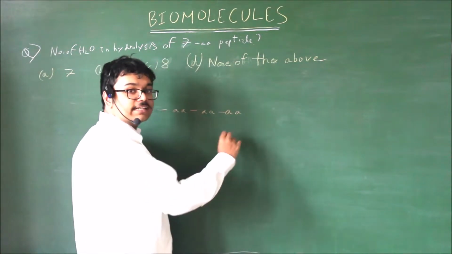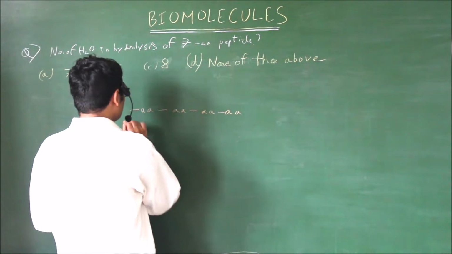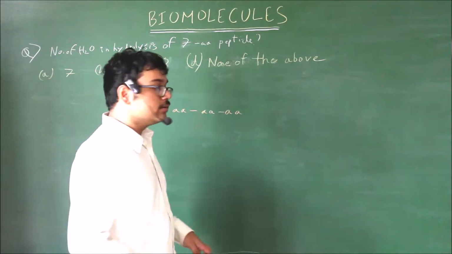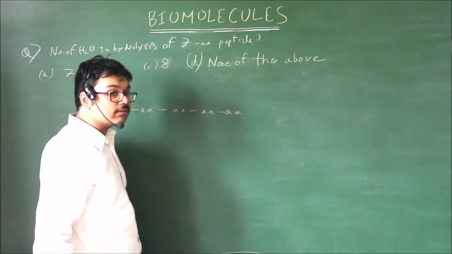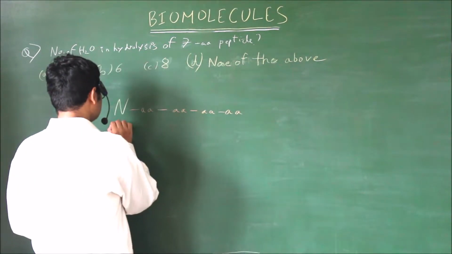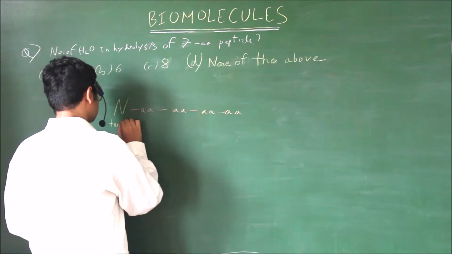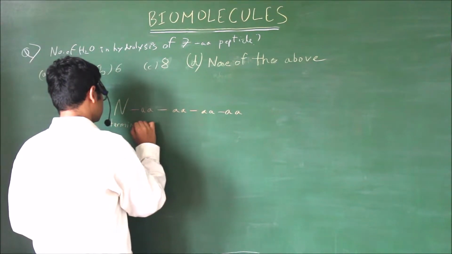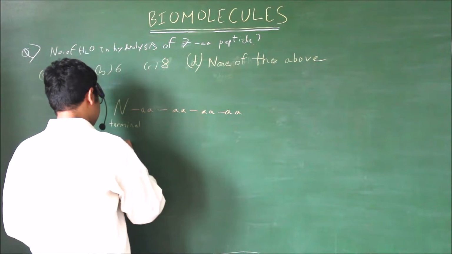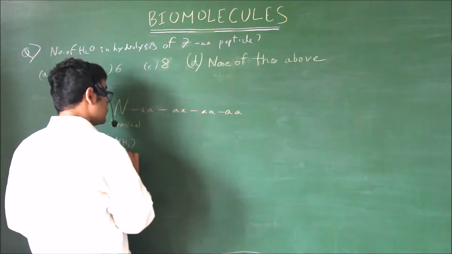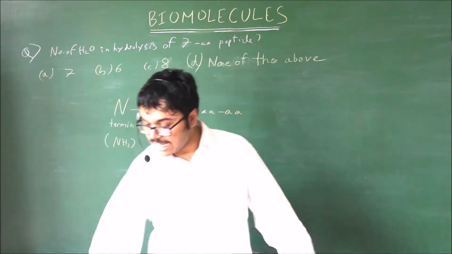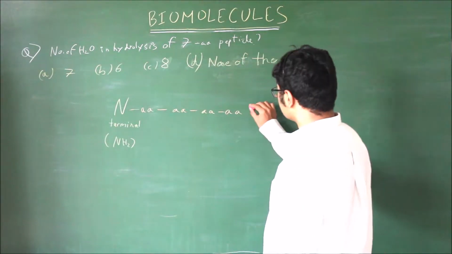so this is written amino acid again and again and again. Ultimately, one amino acid over here will have an N terminal, right? This is an N terminal, which is basically NH2. This amino acid over here will have a C terminal, which is what?